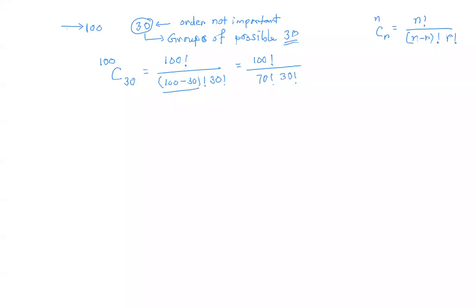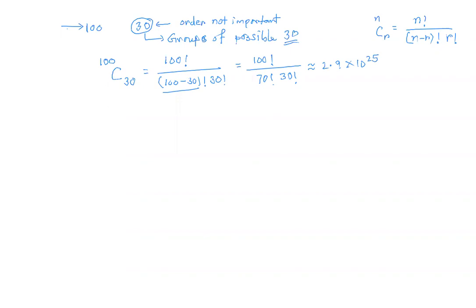And this number, by the way, there is an exact number which is too long, so I'm approximating it, is 2.9 times 10 to the power 25. How big is this number? Extremely big.